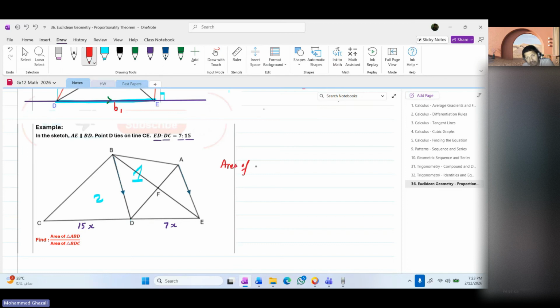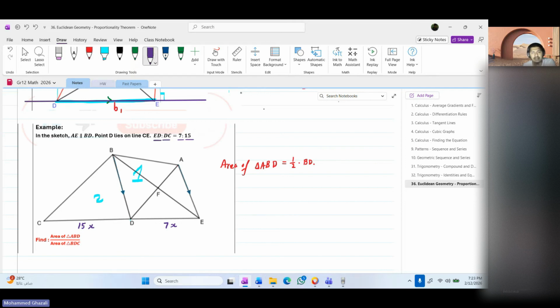Area of triangle ABD is equal to half. What's the base? BD. Right? And what's the height? We need a common height here, right? Where's the height of this triangle?